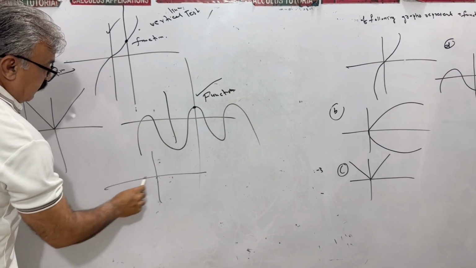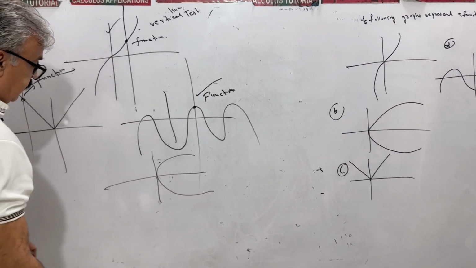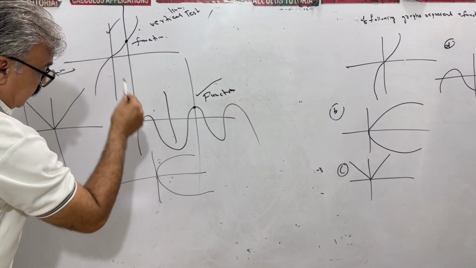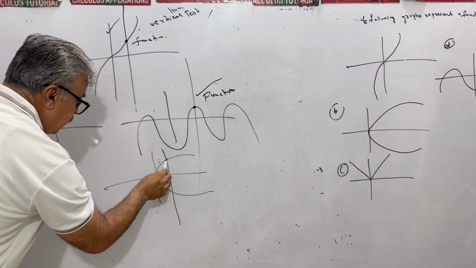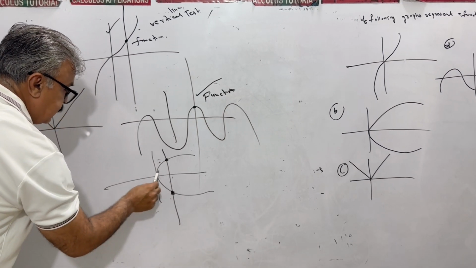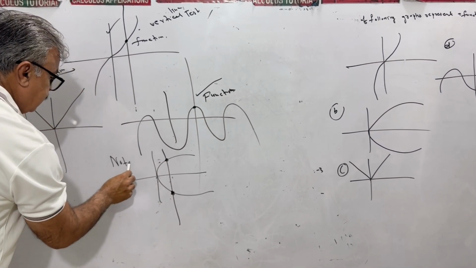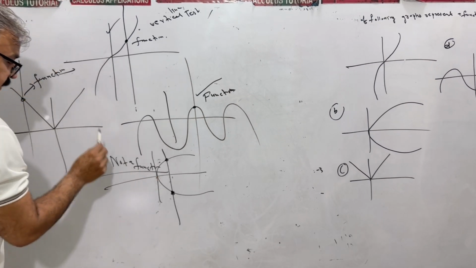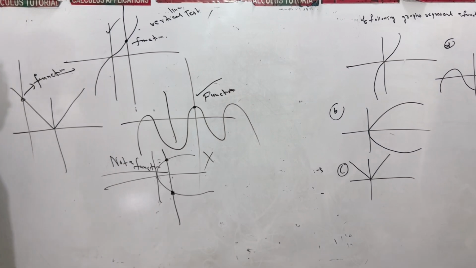Mathematically, it is known as a parabola. If we draw a vertical line upon this, it cuts at two places. By virtue of the vertical line test, it is not a function. The rest three figures are functions.